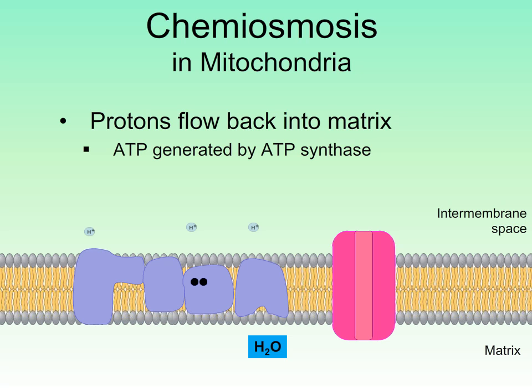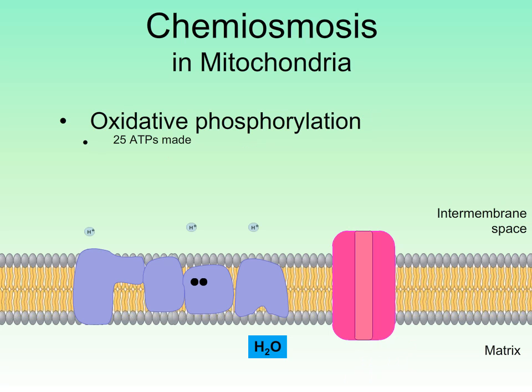Back to those protons in the intermembrane space. The only place the protons can diffuse back into the matrix is through an enzyme called ATP synthase. As they flow through ATP synthase, the enzyme makes ATP. The flow of protons through ATP synthase is chemiosmosis.